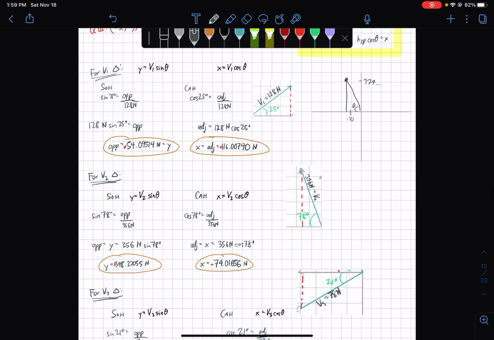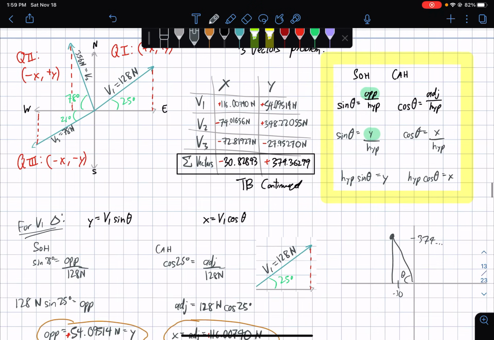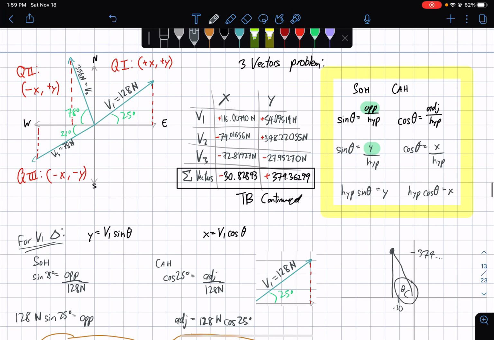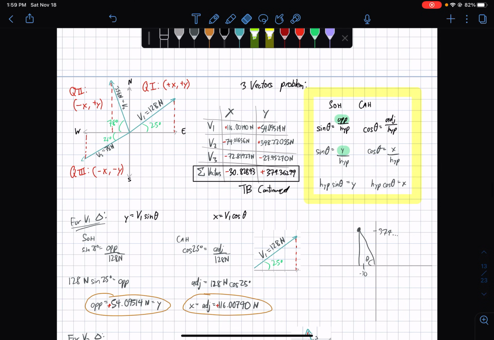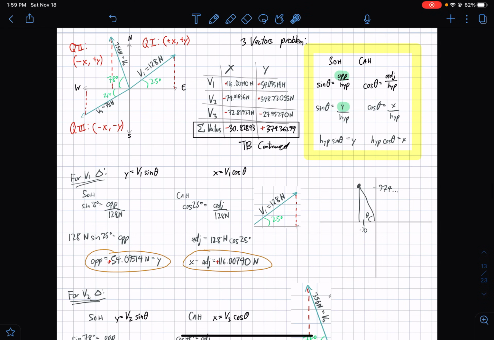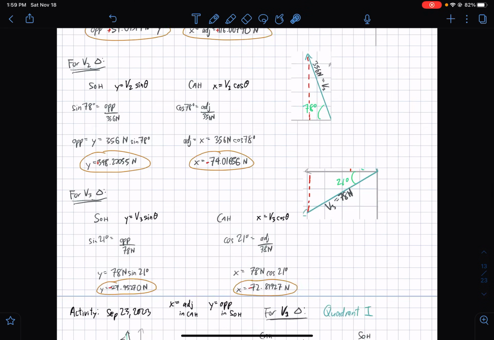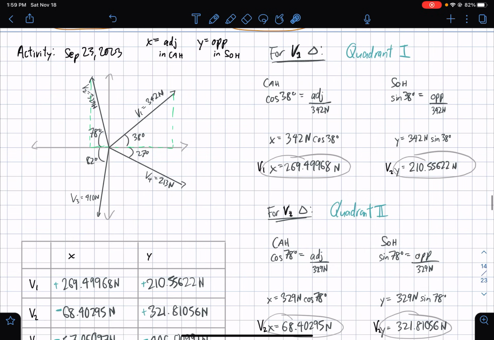Why did I not calculate the bearing, the theta value? But I do have the magnitude, I suppose. I think I have a better solution for this. But for now, let's move on to a similar problem.